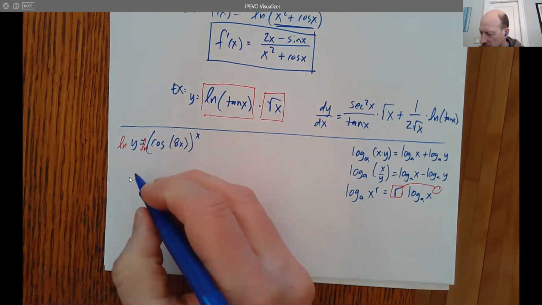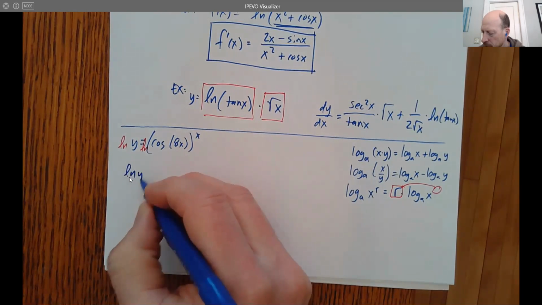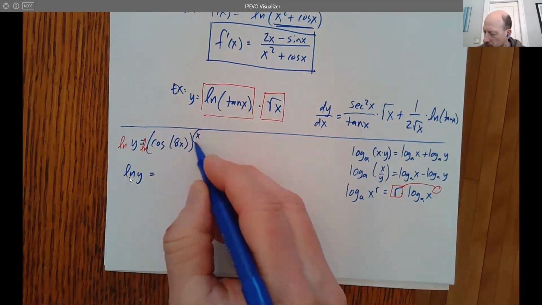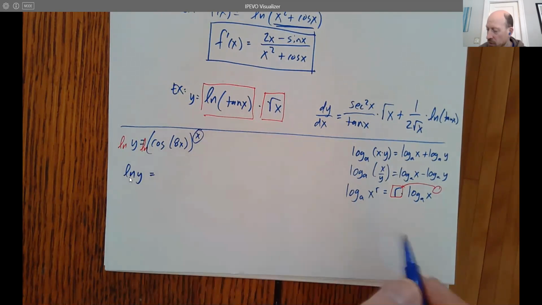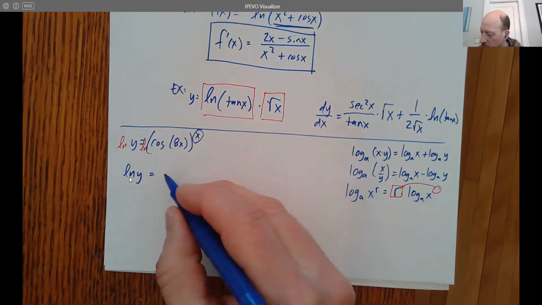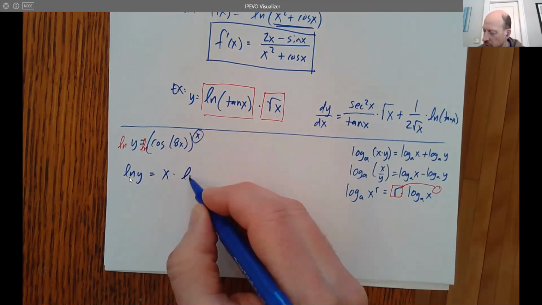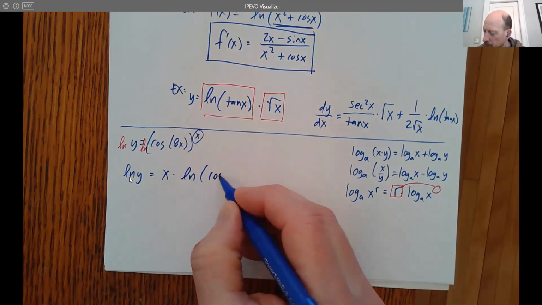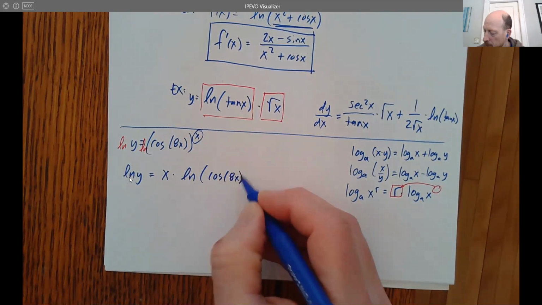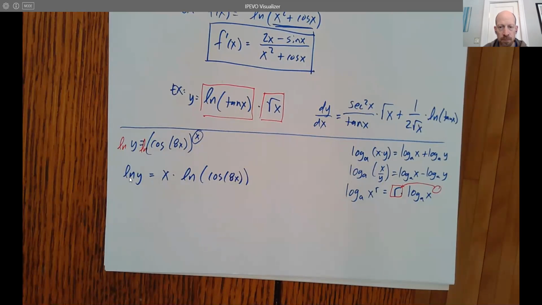That's an algebraic step, and we can do that. This rule tells me this exponent can then be pulled into the front. And now I don't have any powers to work with. I just have to take the derivative here.